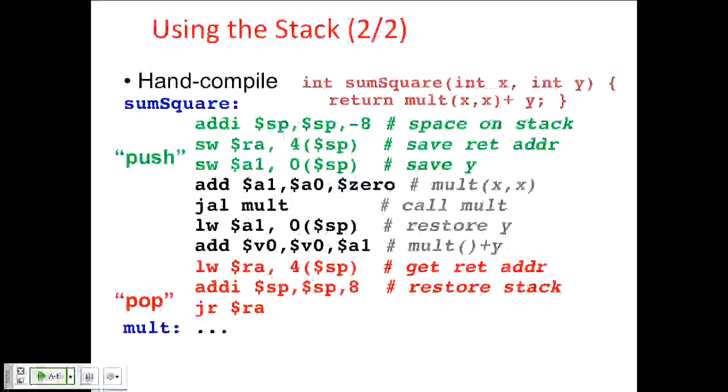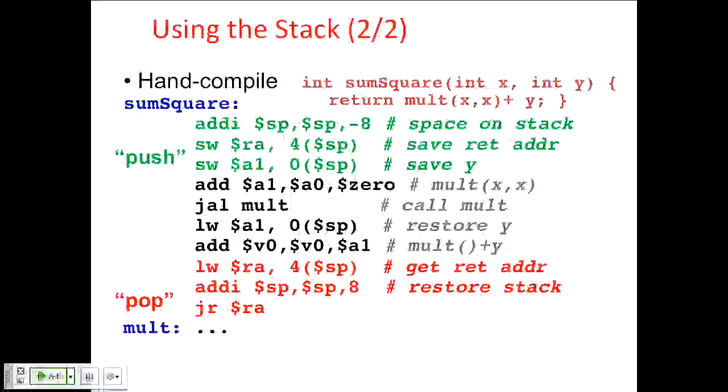So for example, here where I call multiply, this jump and link will write RA with a return address. Whatever it does over here, when it comes back to this point, RA will have the same value at the load word that it had at the jump and link. But the reason it does is that the code on the other side saved and restored it.